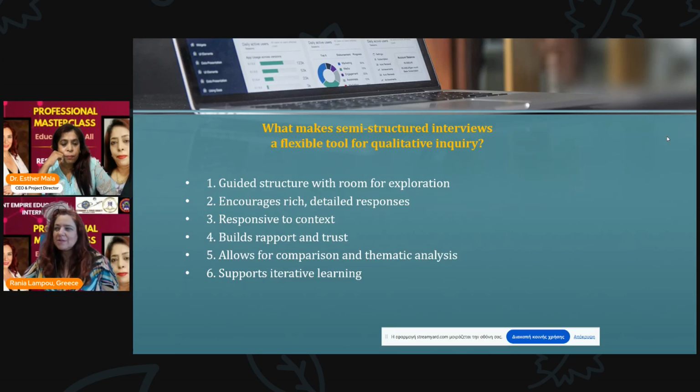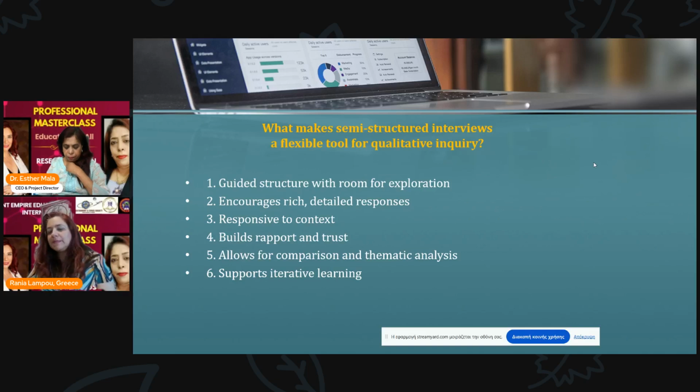Allows for comparison and thematic analysis. While it's flexible, the use of a core question set allows researchers to compare responses across participants, and at the same time, the open nature enables new themes to emerge, which is essential in qualitative inquiry, and supports iterative learning because researchers can refine or add questions as the study progresses, based on what they learned from earlier interviews.